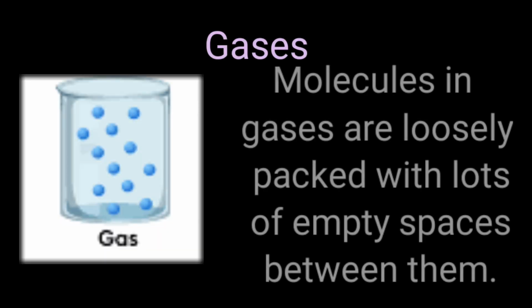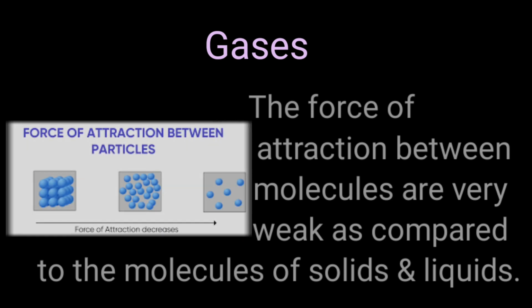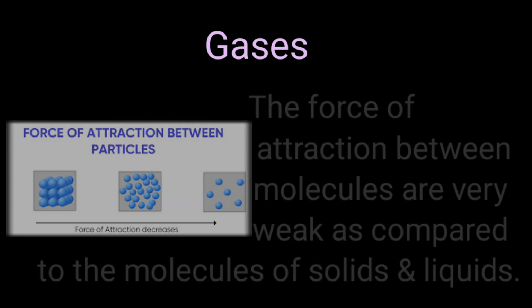Gases. Molecules in gases are loosely packed with lots of empty space between them, and the force of attraction between molecules is very weak as compared to that in solids and liquids.